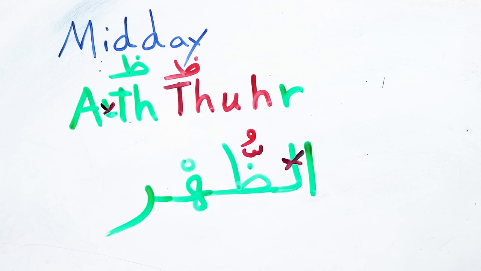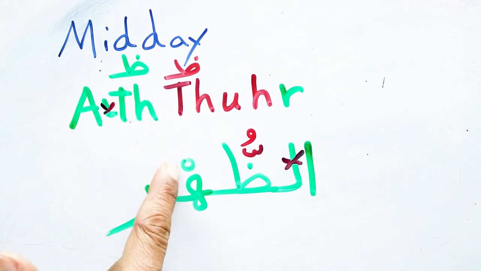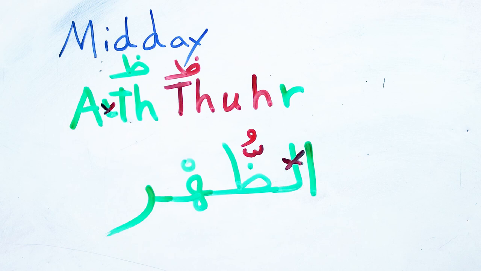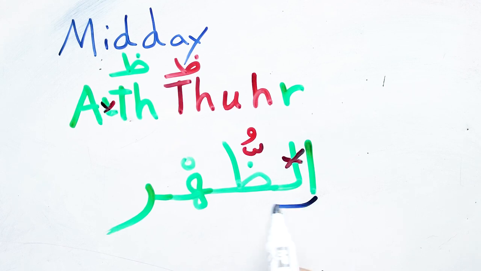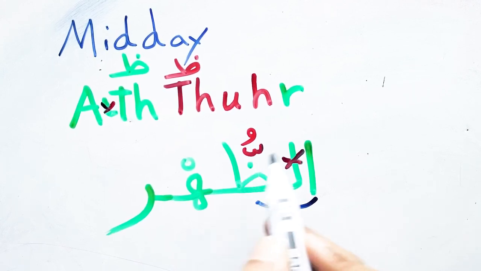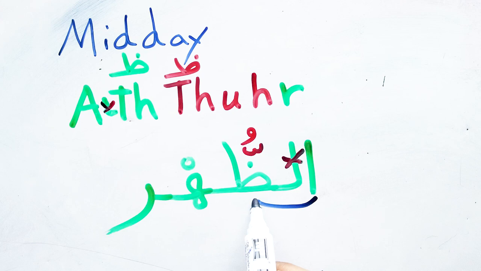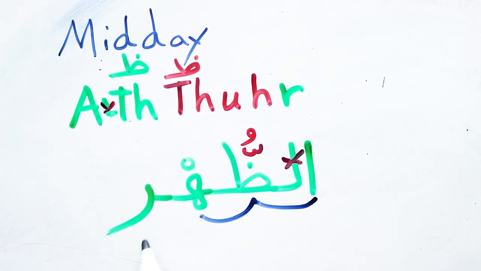We have sukun here, as you see, so that's why we stop on this one. So the first syllable is until here, al. And then we have another syllable which started from here too, because we pronounce this letter two times, until here, al-dhuh. And finally we have ra, al-dhuhr.